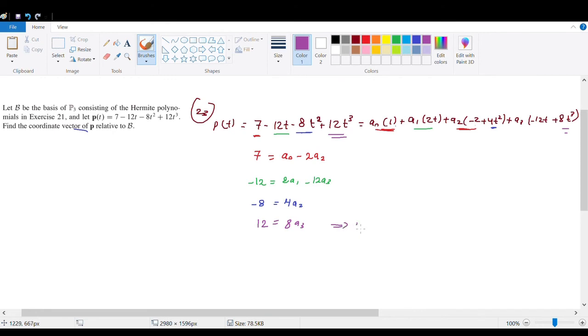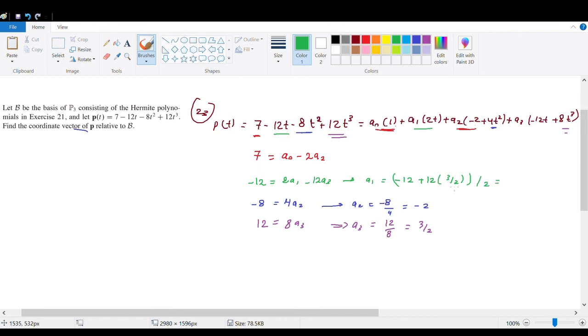So from here we can say that a3 is equal to 12 over 8, which, if we divide by 4, gives 3 over 2. Then a2 will be equal to minus 8 over 4, which is minus 2. For a1, since a3 is known, a1 will be equal to minus 12 plus 12 multiplied by 3 over 2, all divided by 2.